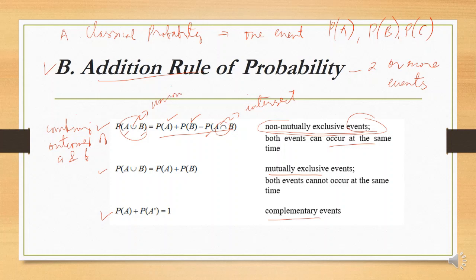So, ibig sabihin, kapag pinagsama natin yung outcomes ng A and B, i-add natin yung event A and event B, yung probabilities nila, and then subtract natin kung saan nagkaroon ng common. Ito yung ibig sabihin ng intersect. Okay? Common. Example, if we have event A halimbawa na 1, 3, 5, okay? And then event B, we have 1, 6, and 8, meaning ang A intersection of B natin is actually the number 1.